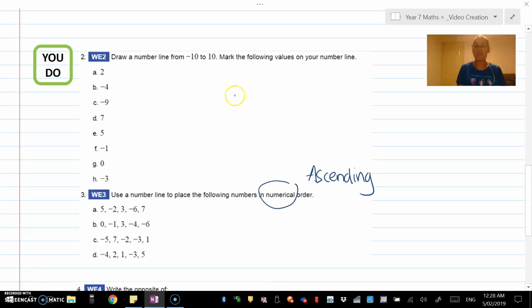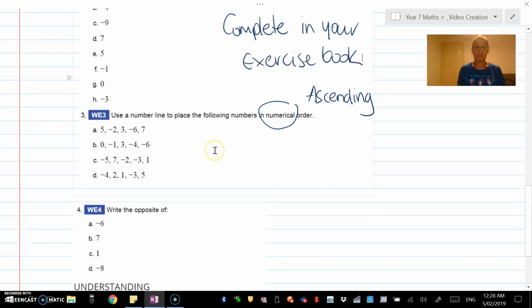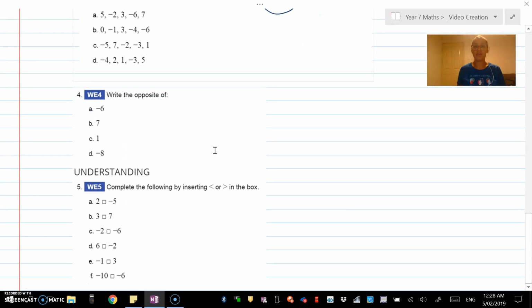And you will complete these in your exercise book. And then you've also got these questions here. So the opposite is like your inverse, and then inserting your greater than or less than symbol in the boxes.